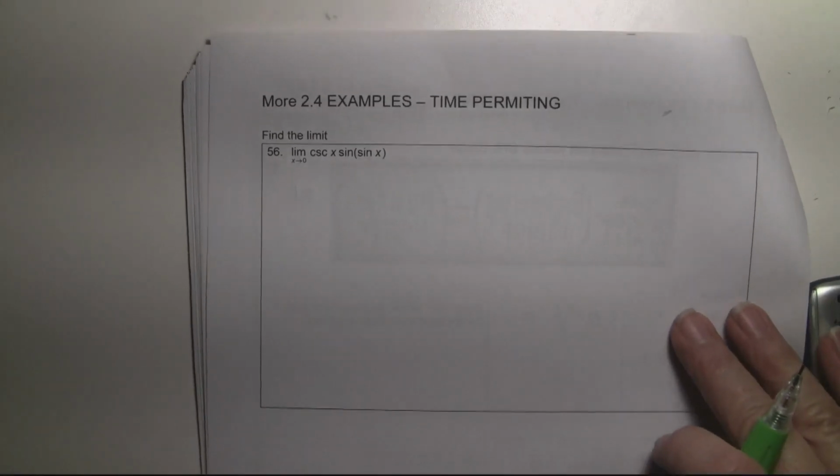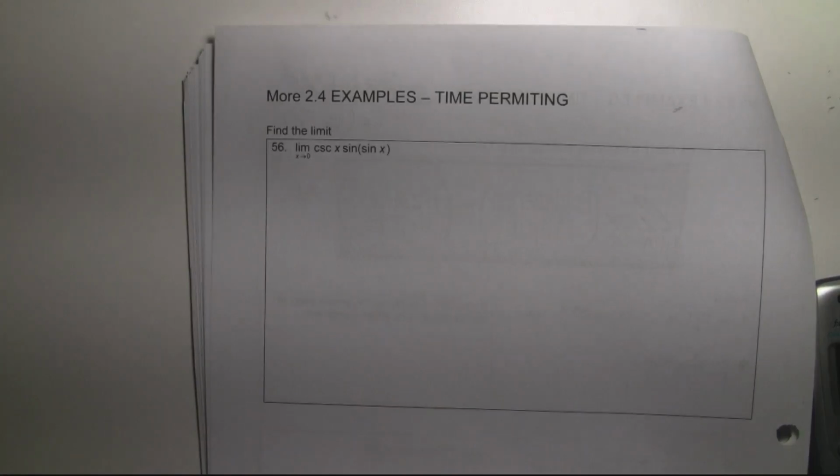Okay, so this one says the limit of secant x times sine of x. So when I think about secant of 0, now secant is 1 over sine, and that's undefined. So I cannot do substitution.